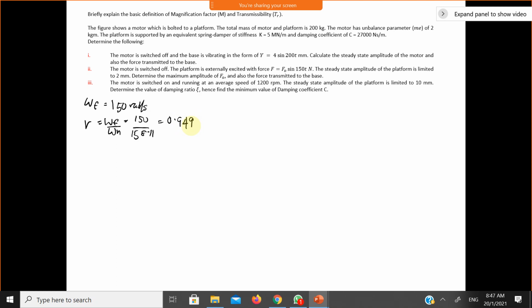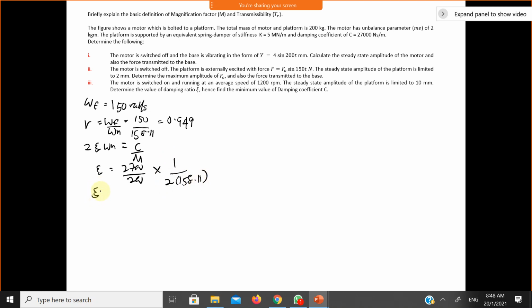Okay, and then based on that kita boleh dapatkan nilai zeta lah using formula C over M. Then zeta would be 27,000 over 200 times 1 over 2 times 158.11.